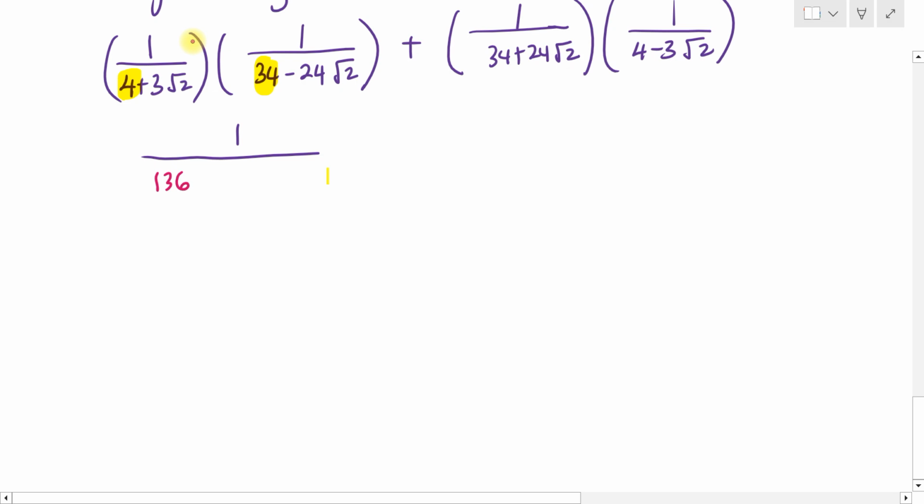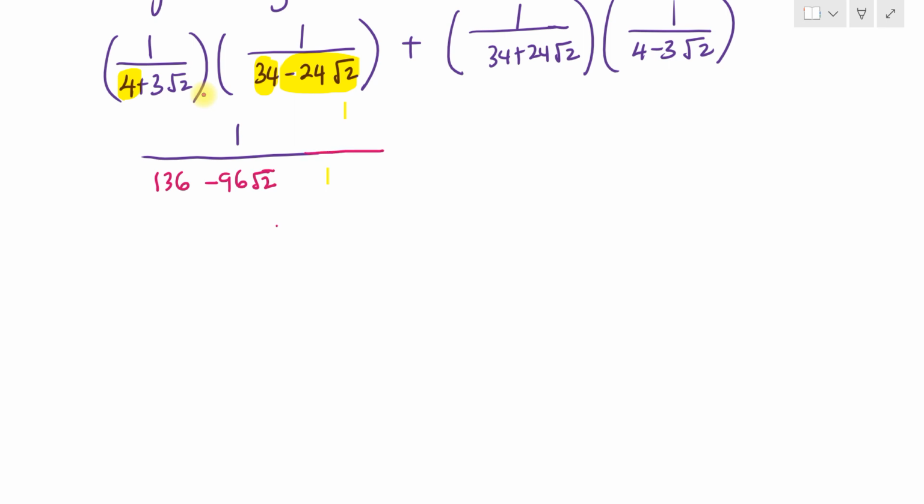And then I multiply 4 with the negative 24 surd 2. You'll get negative, just key in your calculator, no need to think much.